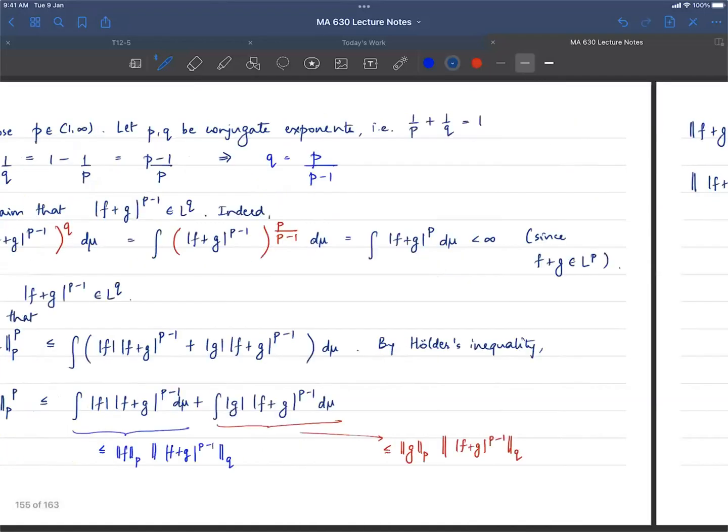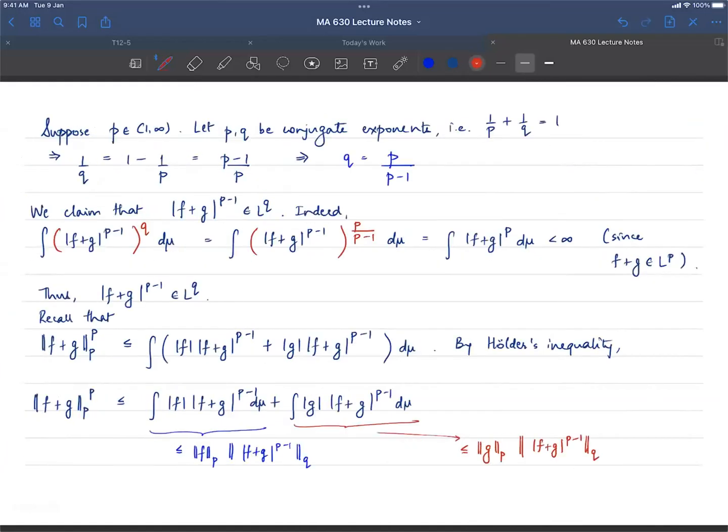And now you remind yourself of something. You say Q times P minus 1 is just P. This just follows from P and Q being conjugate exponents.